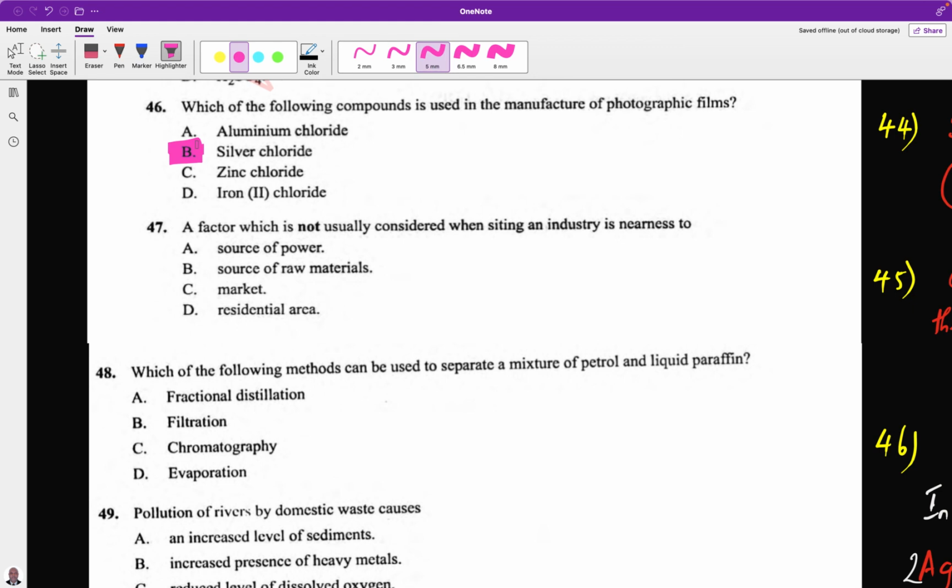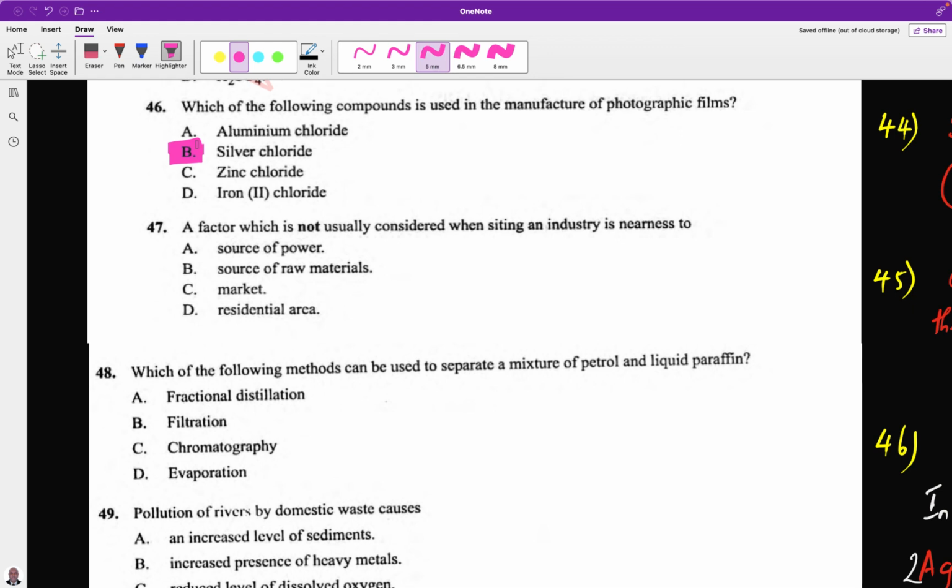You are citing an industry where people are residing that is going to create pollution, noise pollution, pollution of the atmosphere, gaseous pollution, and all types of things, waste material from the industry. So they don't usually consider the residential area.